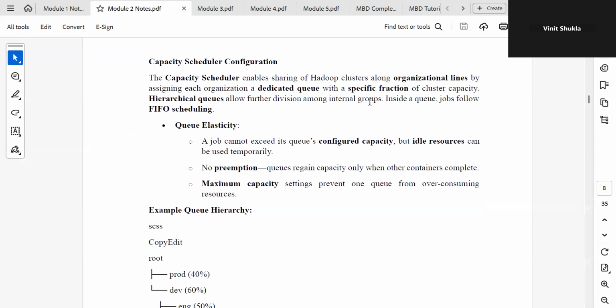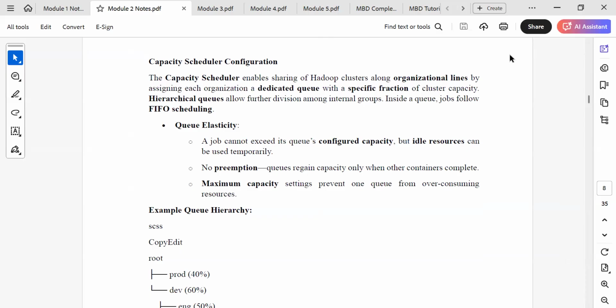Capacity scheduler configuration: share a Hadoop cluster along organizational lines by assigning each organization a dedicated queue with a specific fraction of the cluster capacity. Hierarchical queues allow further division among internal groups inside a queue. Jobs within a queue follow FIFO scheduling.